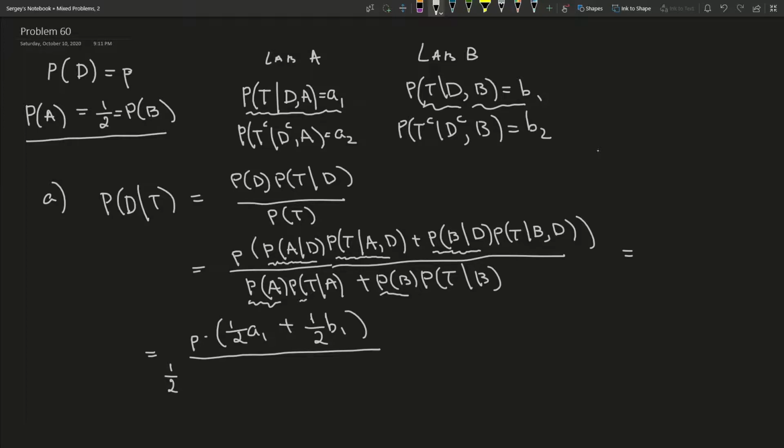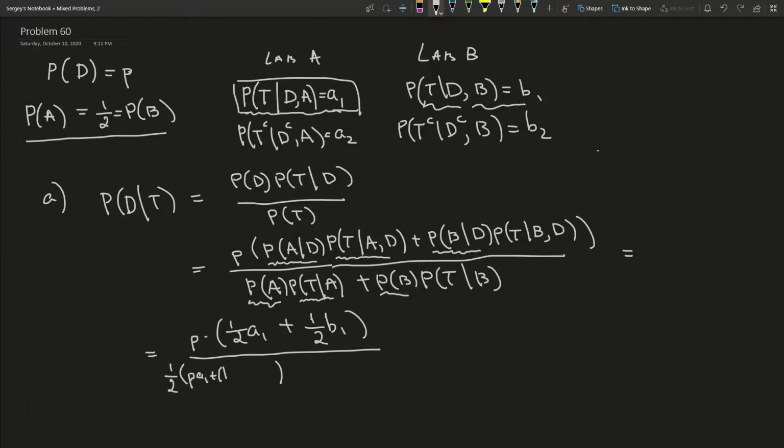Now, the probability of testing positive given the test was sent to lab A, this can happen in two ways. So we're essentially applying the law of total probability again, implicitly. Either the patient already had the disease, and given that they had the disease, the lab gave positive results, so that's this value here, A sub 1.